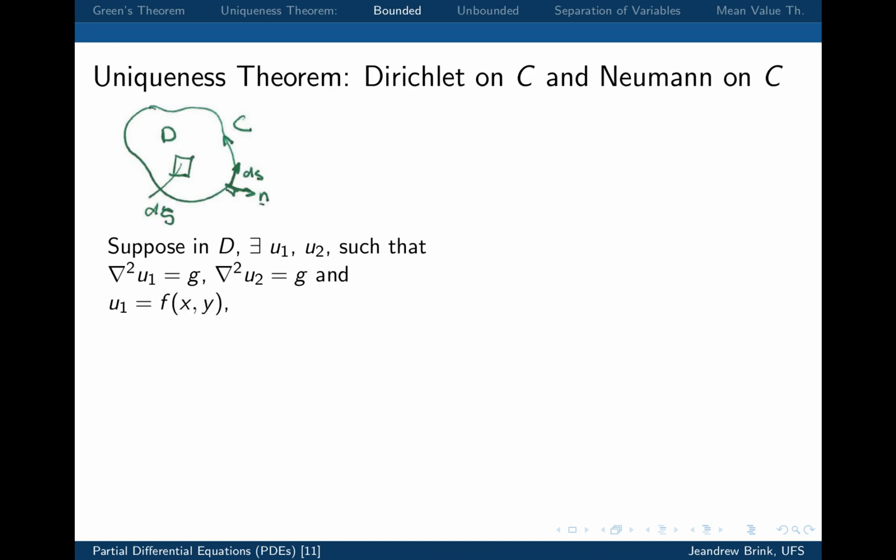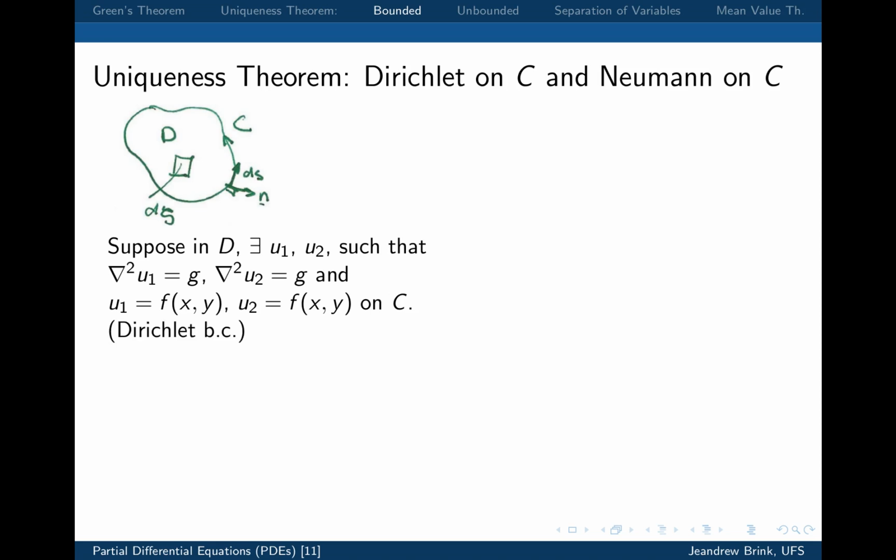And we're also going to say that u1 is equal to f(x,y) and u2 is equal to f(x,y) on C. Okay, so we have two solutions obeying exactly the same Laplace equation with source and having exactly the same boundary conditions, and we want to know whether it's possible to get two different solutions.